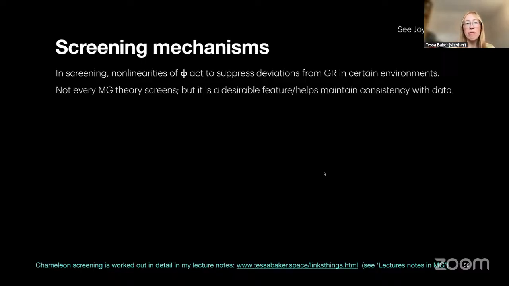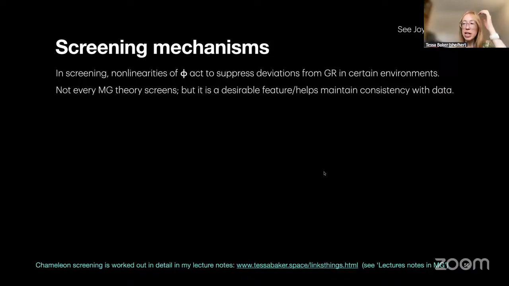Now, not every modified gravity theory has a screening mechanism, but it is clearly a desirable feature. And so people have deliberately tried to build models that have screening mechanisms because it helps you stay close to the data, right? If I tell you there's really tight bounds on deviations from GR in the solar system, your theory can't come along and predict that the moon is going to fall into the Earth, right?